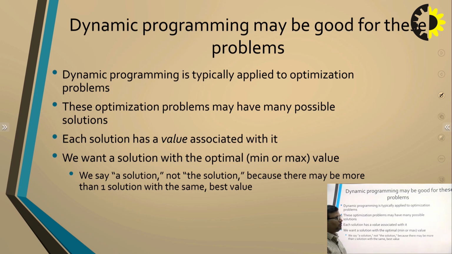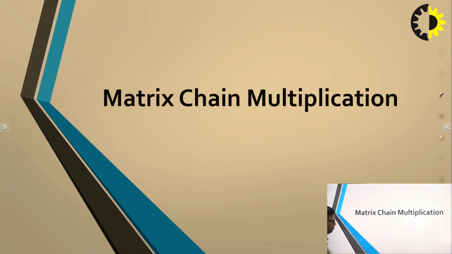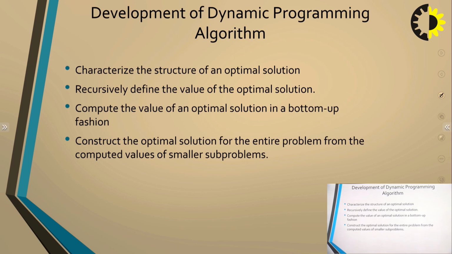Dynamic programming may be good for optimization problems that have many possible solutions, each with a value associated with it, and we want a solution whose value is optimal, minimum or maximum. Here we will discuss one example, matrix chain multiplication.